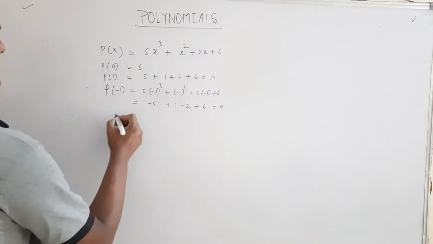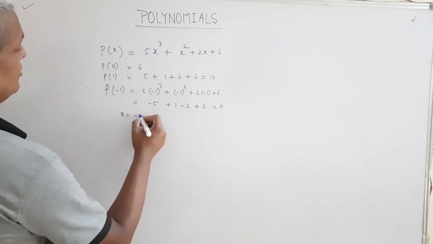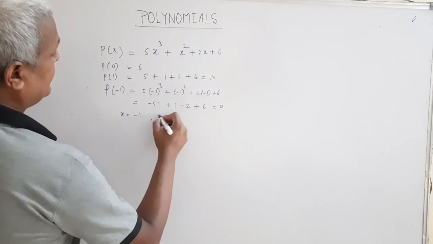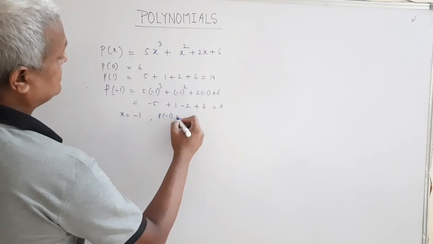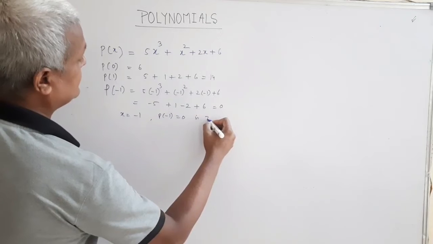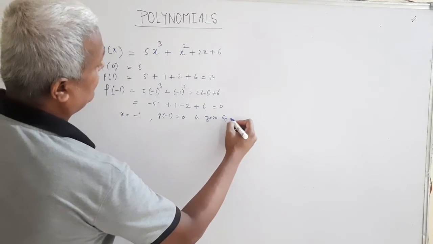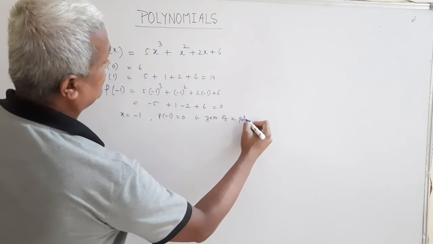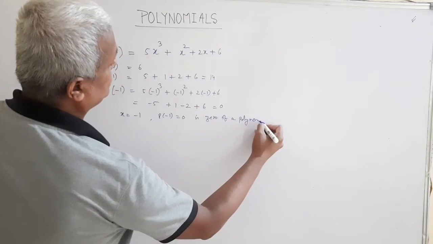So x equal to -1 makes the whole polynomial 0, so -1 is a zero of the polynomial.